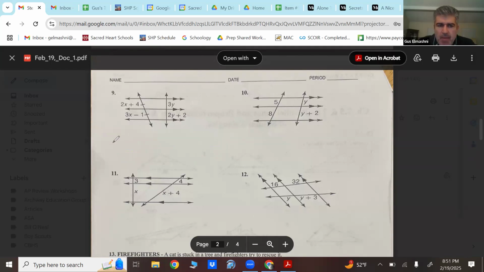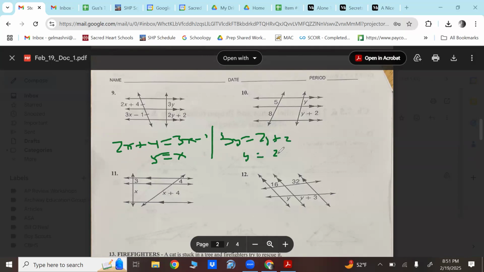But since these are the same, they have to equal each other. x is 5. Here, 3y equals 2y plus 2, y equals 2.